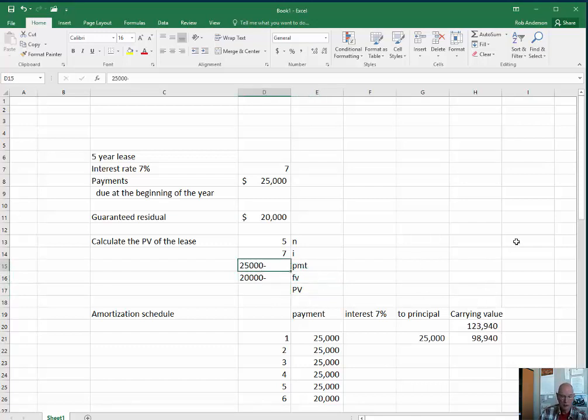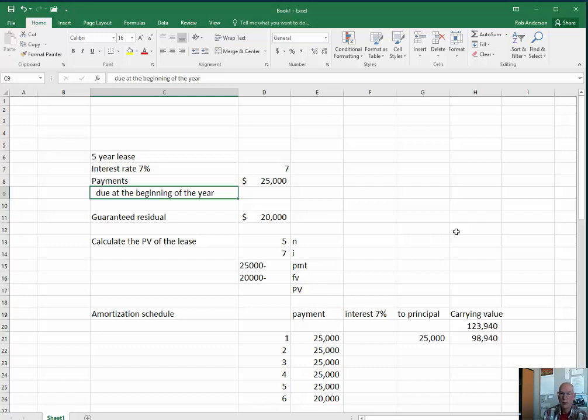Key in 25,000, hit the minus key, and then payment, and then key in 20,000, minus key, and hit future value. Now before we hit present value, what about the beginning of the year? Did you set your calculator to begin?